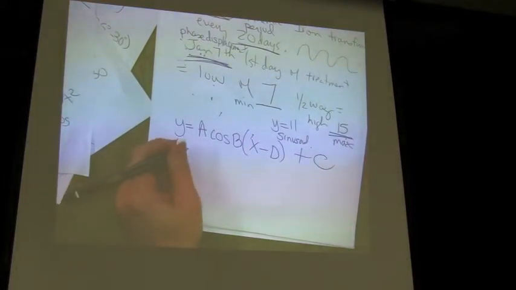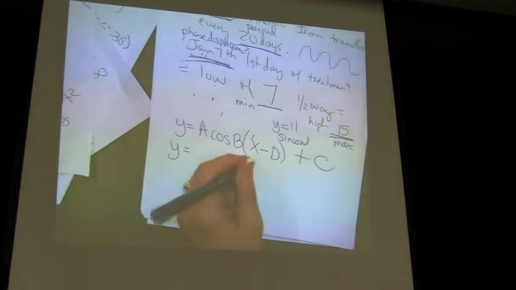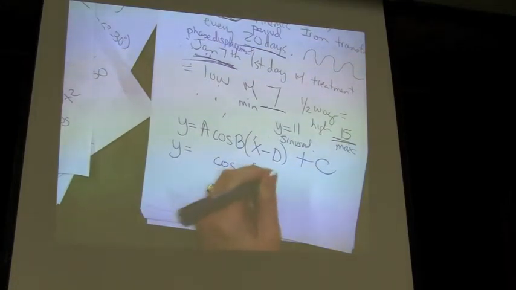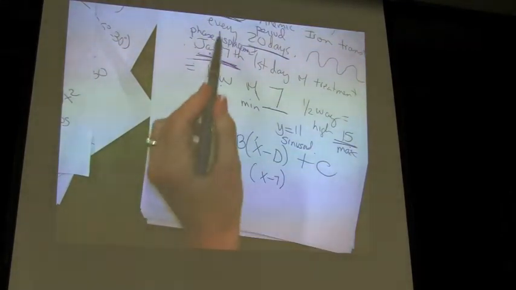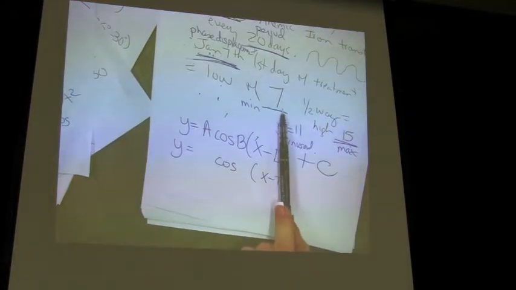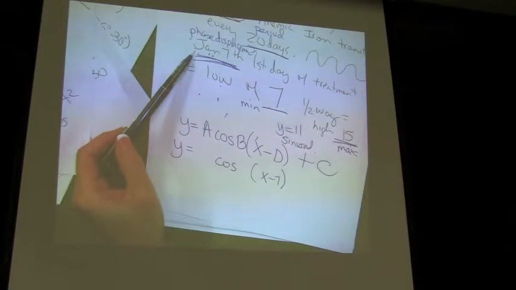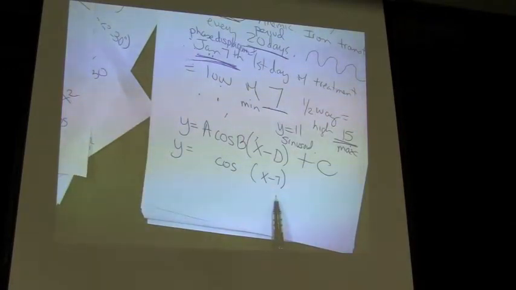We know we're using cosine. Does everybody remember why we're using cosine? Okay. We know this is x minus 7 because of the phase displacement. This 7, not this 7. Because on the first day of treatment, there's a horizontal translation, 7 units right.